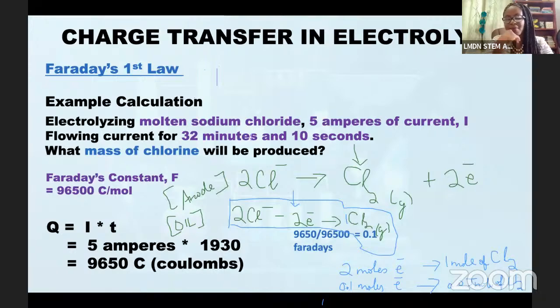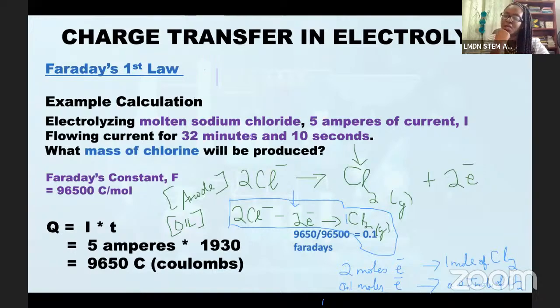So let's back up a little bit here. Let's think of the 2 moles in terms of Faradays, so we're consistent with what we're comparing and not messing up the units here.